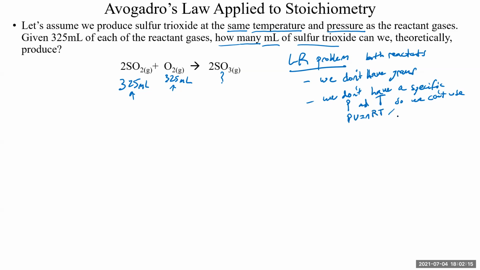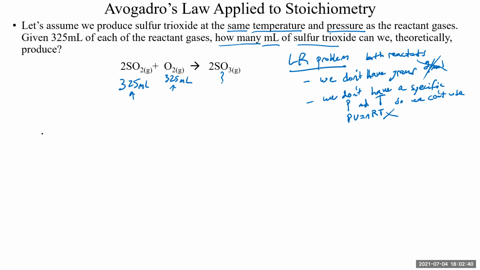That's out. Grams per mole, molar mass, that's out. We can't use anything that we would normally use to solve a stoichiometry problem. What are we supposed to do? Avogadro's law to the rescue. In fact, you cannot answer this question using anything but Avogadro's law.